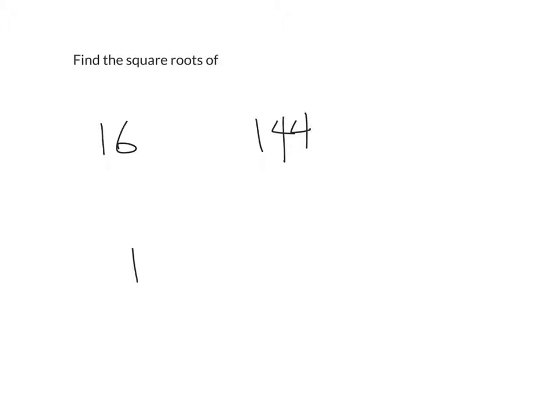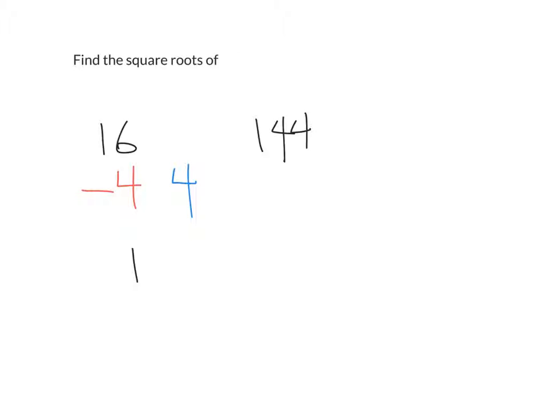So in this type of problem, it says find the square roots of 16, 144, and 1. In this case here, you're not being given that symbol, so you're being asked to figure out what number times itself equals 16. And for that answer, there's going to be two. There's going to be the negative value, which is going to be negative 4, and the positive value, which is just going to be 4.